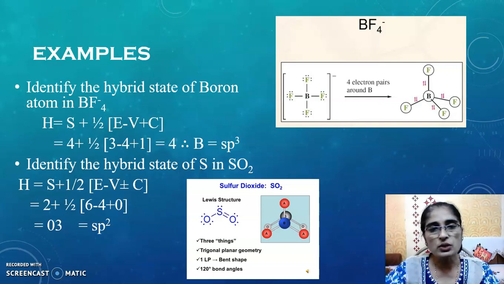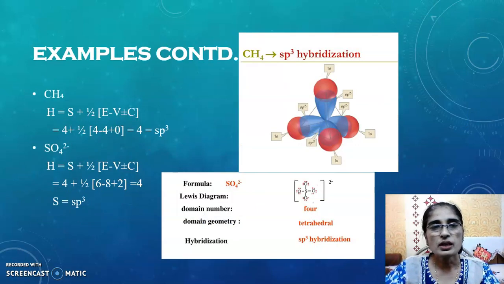In the same way, we can calculate other examples like sulfur in sulfur dioxide by using the same formula, H is equal to S plus half E minus V plus C. Now other examples like methane, CH4. As we know, carbon's atomic number is 6 and the number of electrons present in the outermost shell is 4.